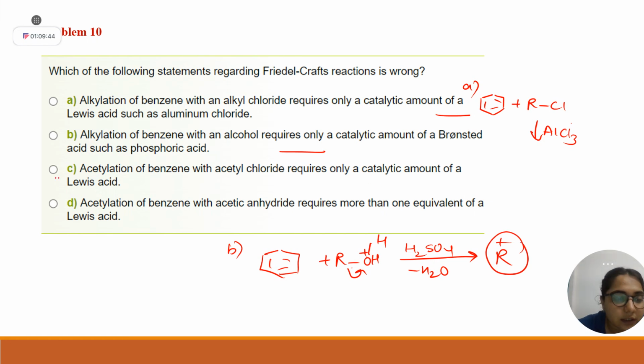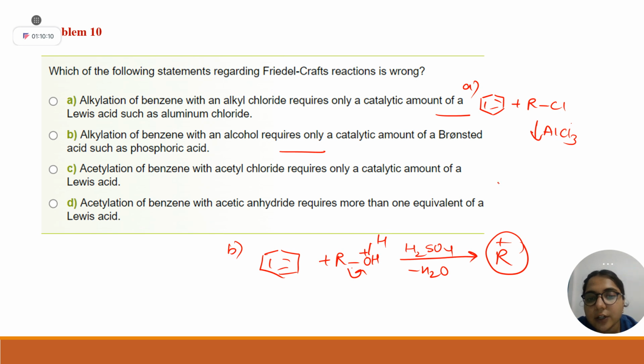In the third statement, it is saying acetylation of benzene with acetyl chloride requires only a catalytic amount of Lewis acid. And in option D, it is saying acetylation of benzene with acetic anhydride requires more than one equivalent of Lewis acid.